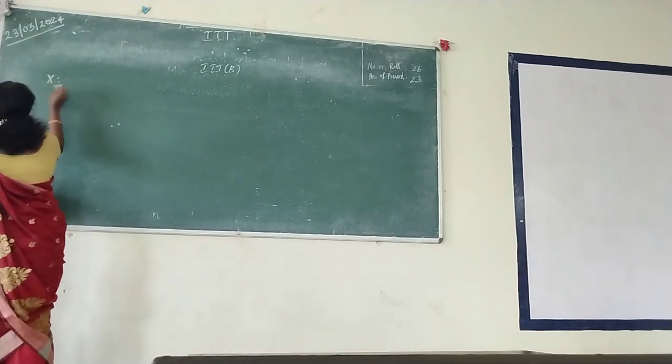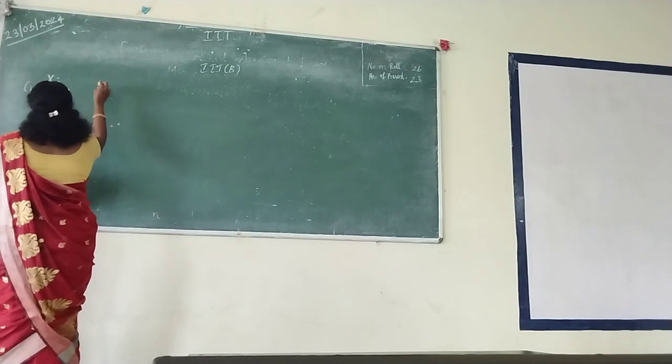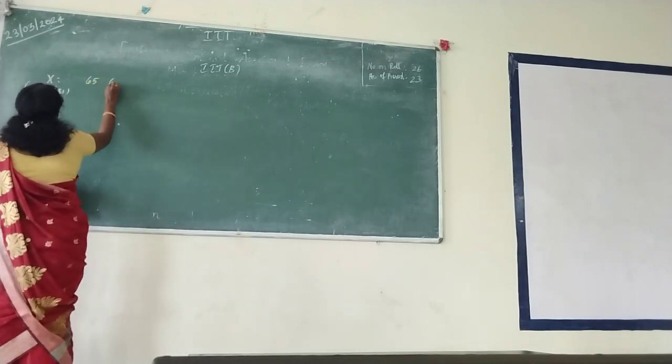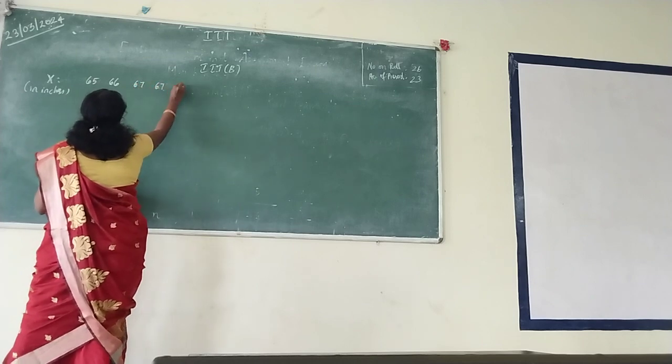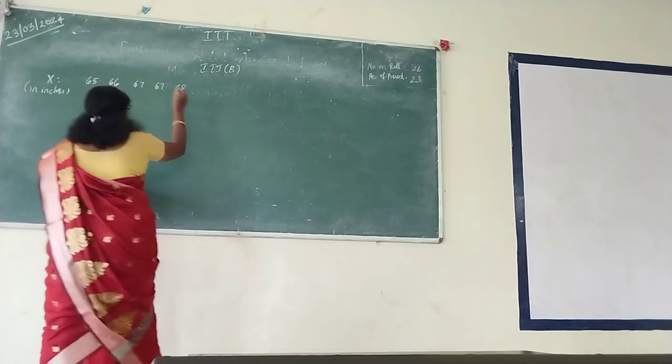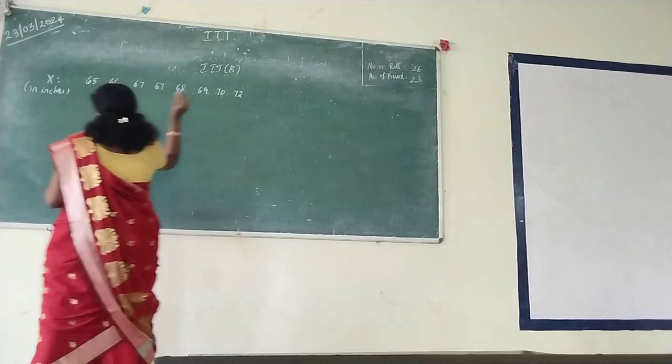Everything is given in inches. X values: 65, 66, 67, 67, 68, 69, 70, 72.